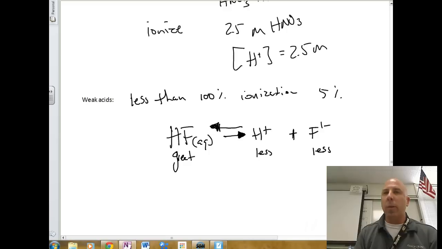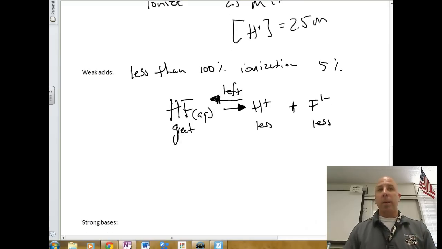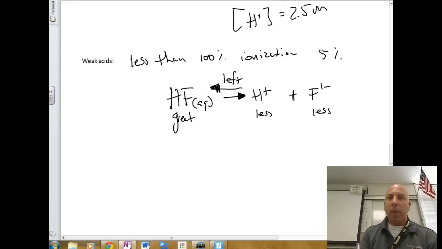We would say that this equilibrium definitely lies to the left, and we'll get more into what that means. But it really does mean that when you put HF into a solution, it doesn't ionize 100% of the way, which makes it a weak acid. And so you might be thinking, how do I tell the difference between a strong acid or a weak acid? And here's the key.